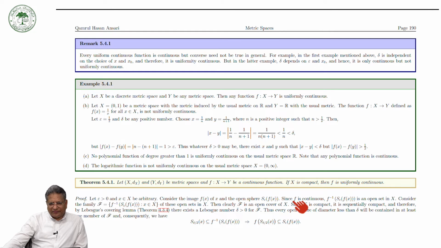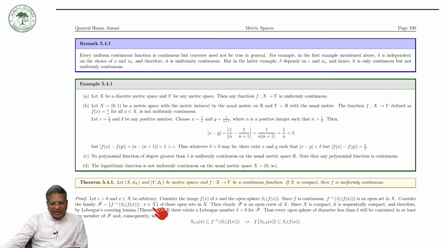The function f is continuous, so the inverse image of an open set is open, and therefore f inverse of the epsilon-sphere around f of x is open in X. So for each x we are getting an open set in X. It means that this family will form an open cover of X.